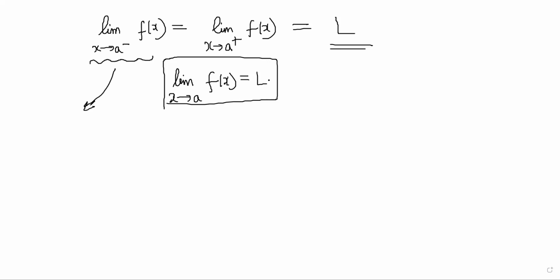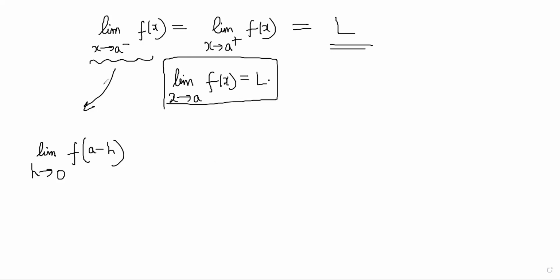Now, by this a minus and a plus, what I mean is come from below to a, and come from above near a, right? So this limit can also be written, if x tends to a minus, as the limit as h tends to 0 of f(a minus h).